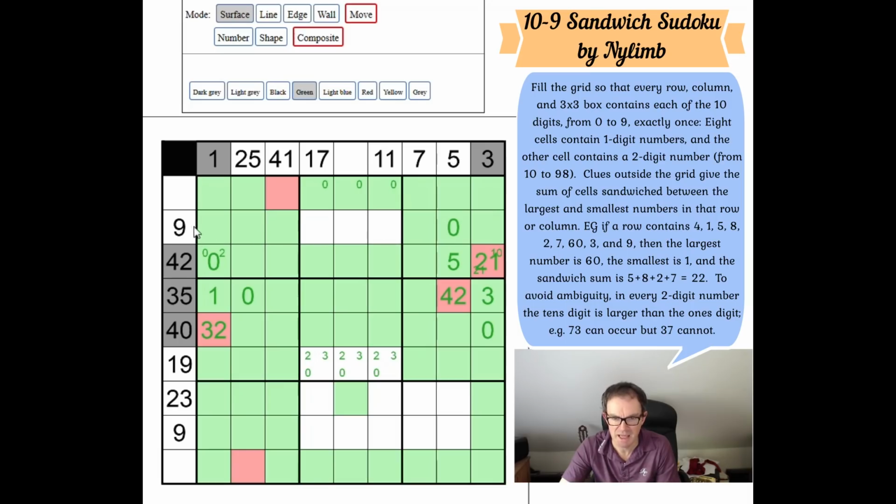I don't think we get anything from this 9. In the 7 column, again, I'm not sure how to do that. Feel like I'm missing something here.